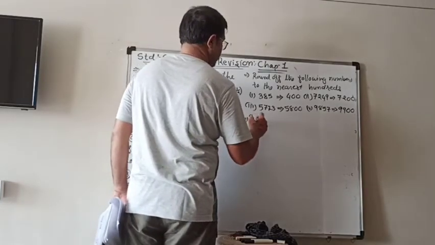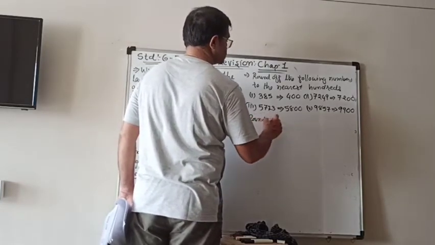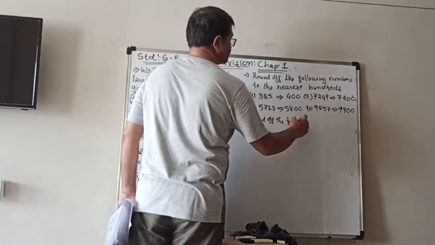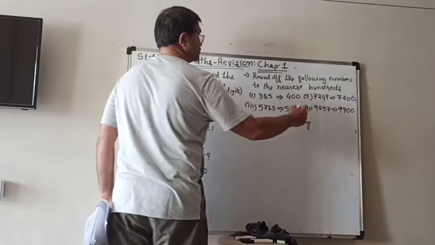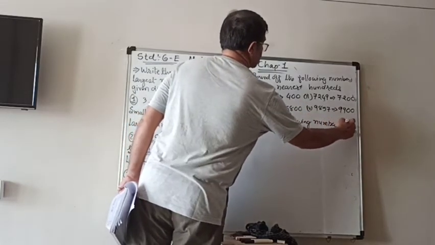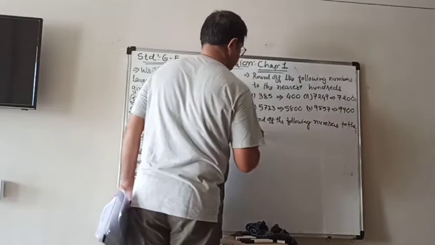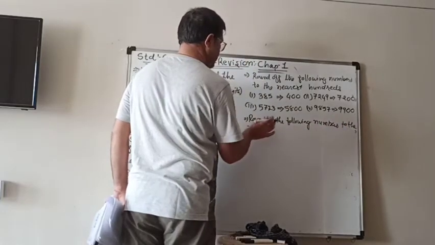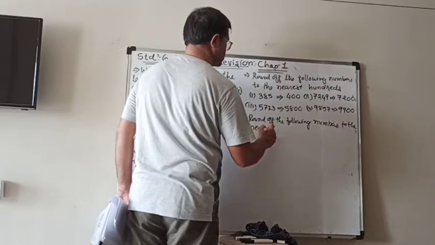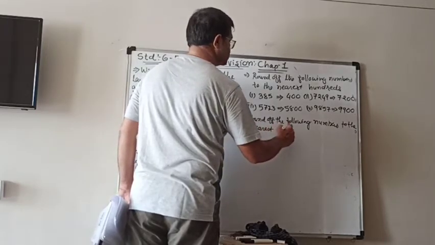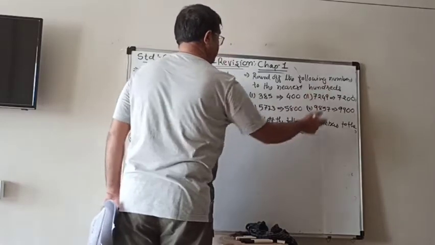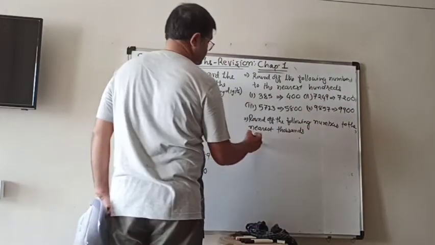Similarly, round off the following numbers to the nearest thousands. It was hundreds, now thousands.